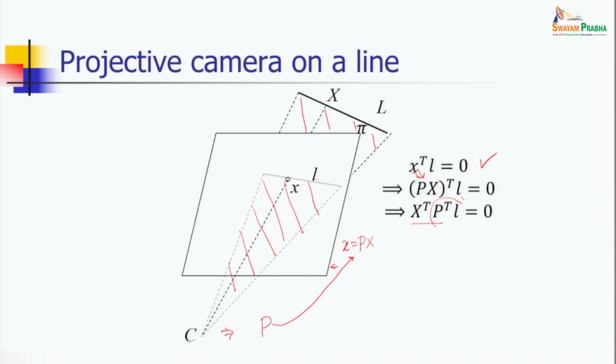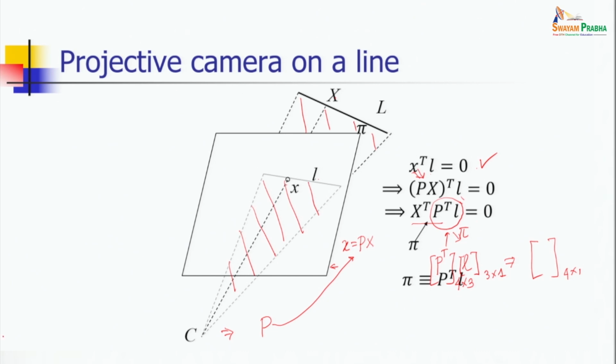What you see here is that P transpose l is a 4 cross 1 vector, because P transpose is a 4 cross 3 matrix, and l, a line in the projective space, is represented as a 3 cross 1 element. This entity represents a plane, which I call pi.